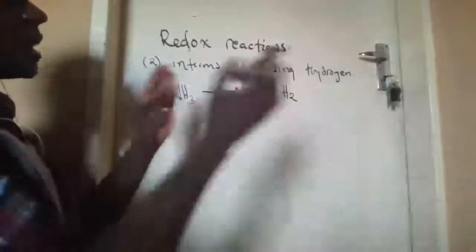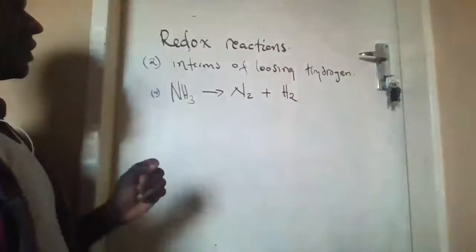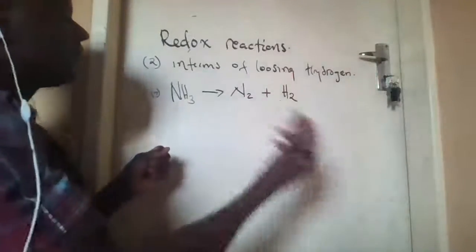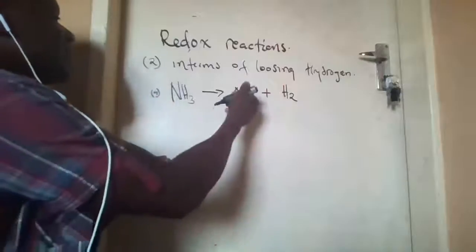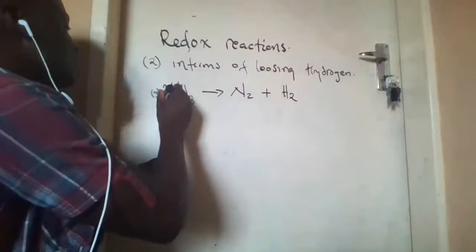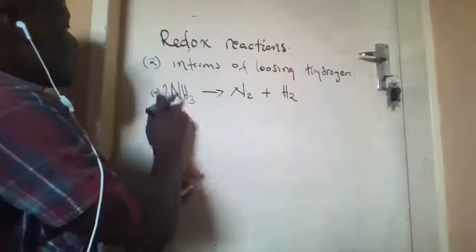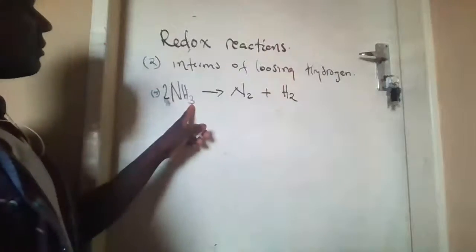It has to be combined with another element to form the nitrogen molecule. So because of that, maybe that's when we can put in the issue of balancing, whereby if here there are two, I'm going to put a two here, but the two I'm putting here will cause an imbalance in the number of hydrogen.